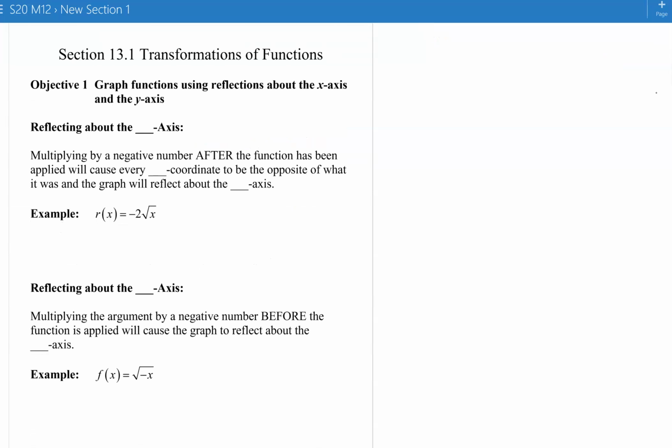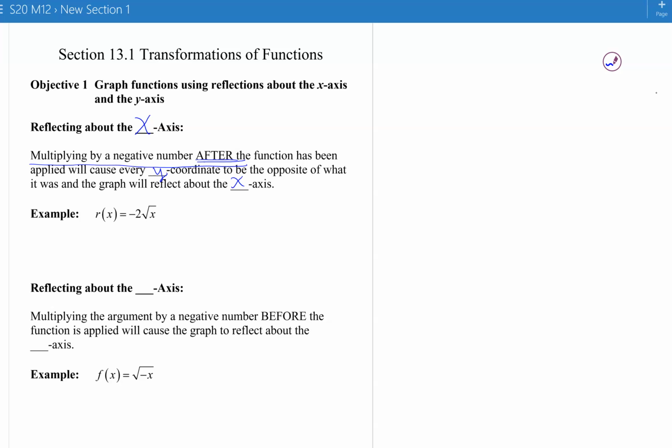So first let's look at reflections about the x and y axis. If we multiply by a negative number after the function has applied, this will cause every y coordinate to be the opposite of what it was, and the graph will reflect about the x-axis. So we're first talking about reflections about the x-axis.